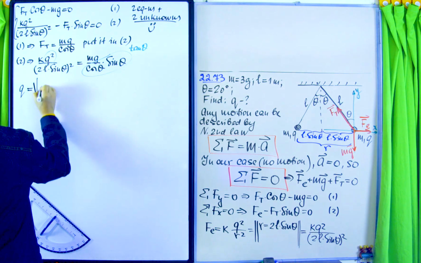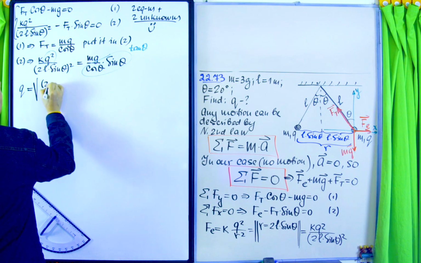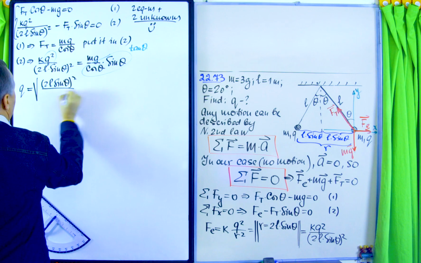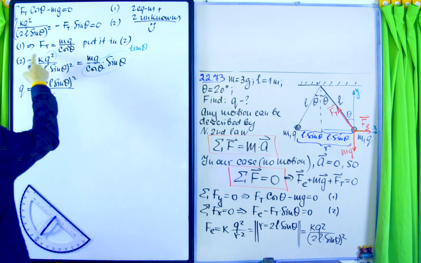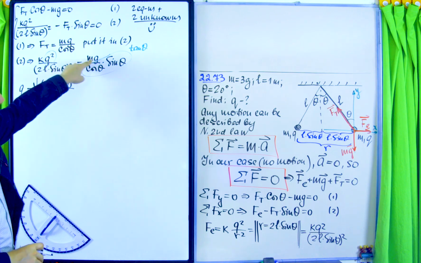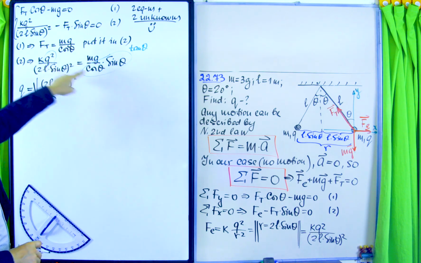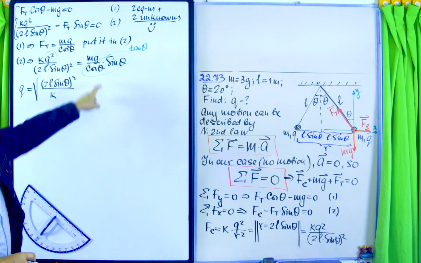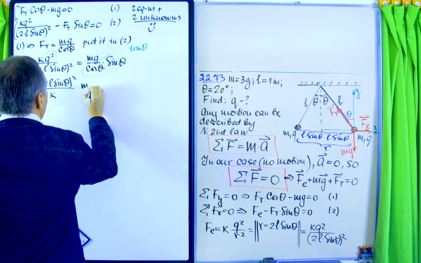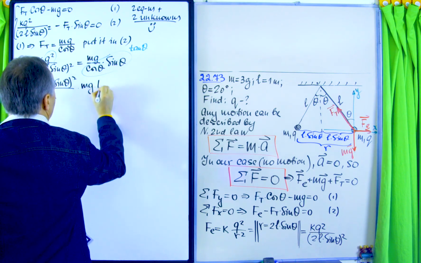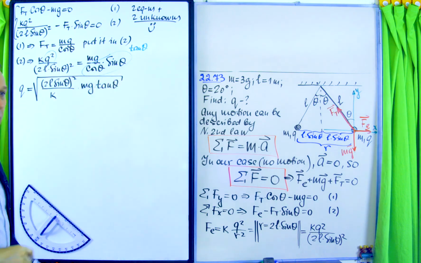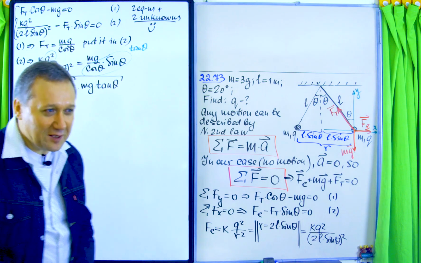Okay, let me do it step by step, without skipping steps. 2l sine theta squared divided by k. It's this factor on that side when I move. Of course, this downstairs will go upstairs, and this numerator will go into the denominator on the right-hand side. And then it will be mg and tangent theta. Now a simple simplification.